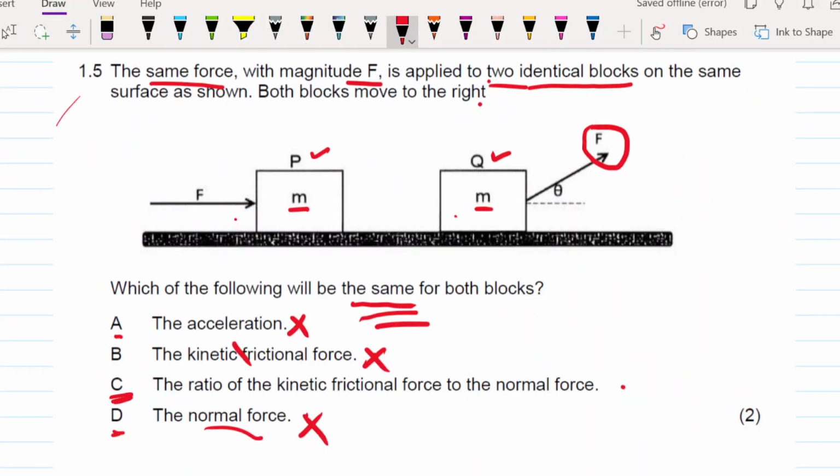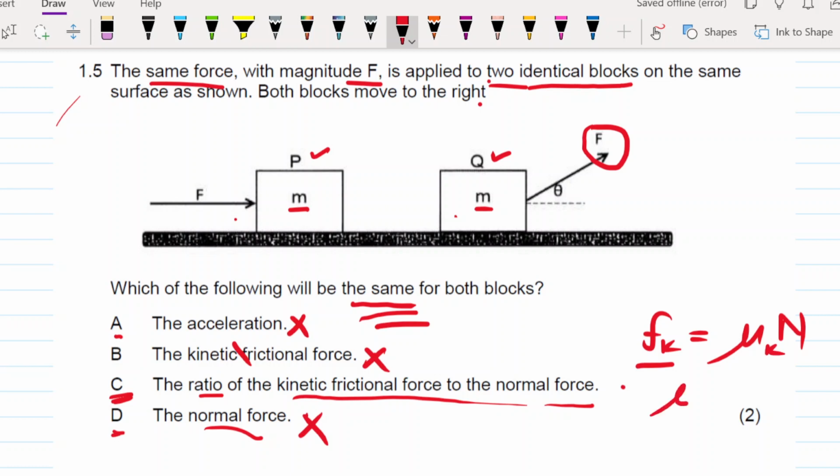So we are left now with option C. Let's read: the ratio of the kinetic frictional force to the normal force. If the kinetic frictional force is equal to the kinetic coefficient times the normal force, then the ratio of the frictional force to the normal force is my kinetic coefficient.